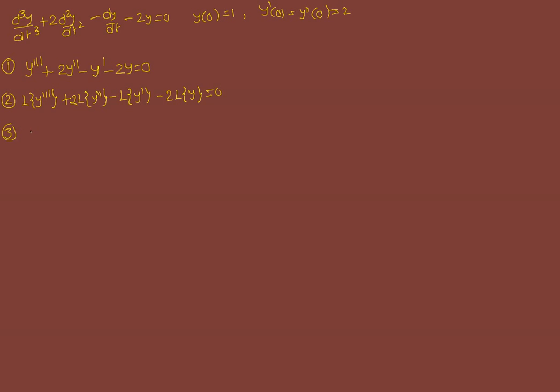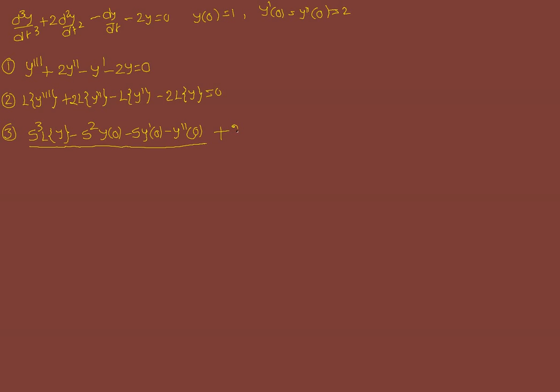L of y triple dash means s cube L of y minus s square into y of 0 minus s into y dash of 0 minus y double dash of 0. So this entire one is the expansion of L of y triple dash.